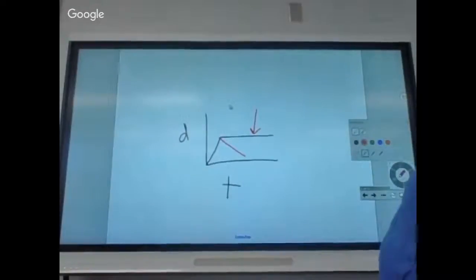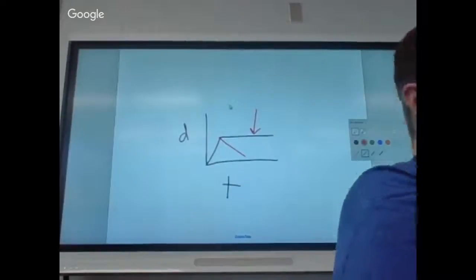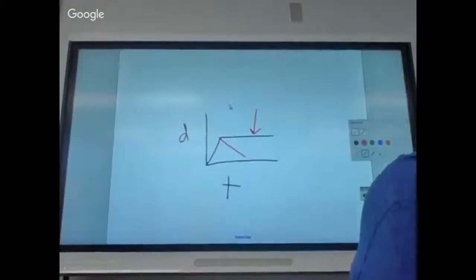Okay? So number 1 was 4 meters per second. Number 2 was 105,000. So 105,000 kilometers. We got it now? All right, number 3, 8 meters per second. Number 4, 6 meters per second.